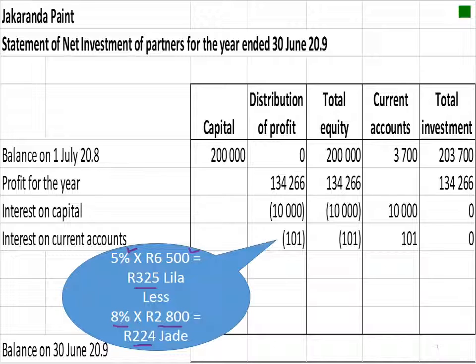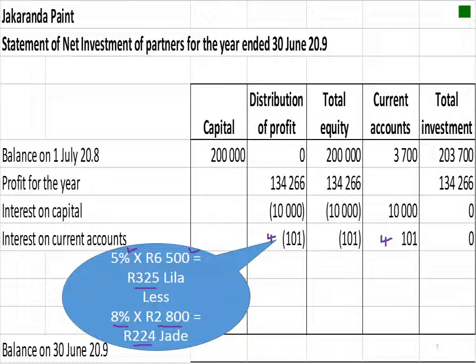So that 224 Rand would be a debit to Jade's current account and a credit to the distribution of profit for income that we've actually earned from Jade, because Jade owed us money. But we take the 325 less the 224, and that gives us a 101 debit to the distribution of profit account and a net credit of 101 to the two partners' current accounts.